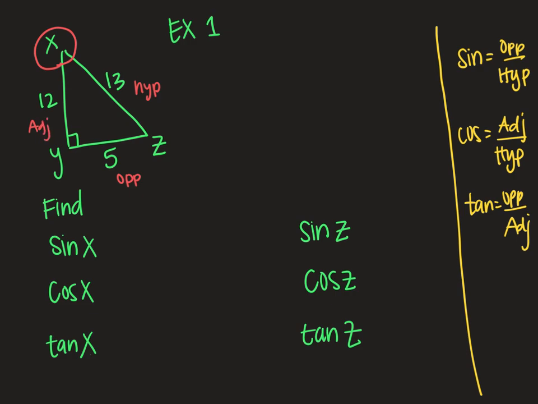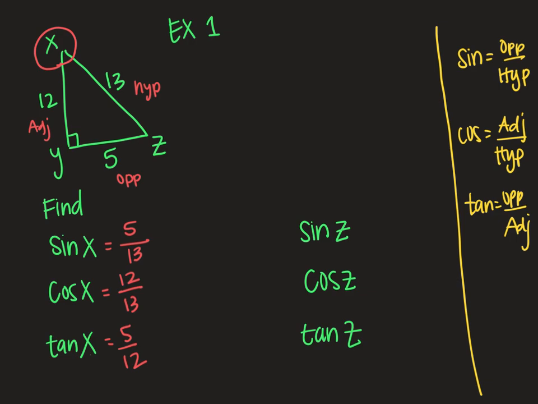To find sine of x would be my opposite side 5 over my hypotenuse 13. To find my cosine would be my adjacent side 12 over my hypotenuse 13. And then to find my tangent would be my opposite side 5 over my adjacent side 12. Okay, so that's for these three.